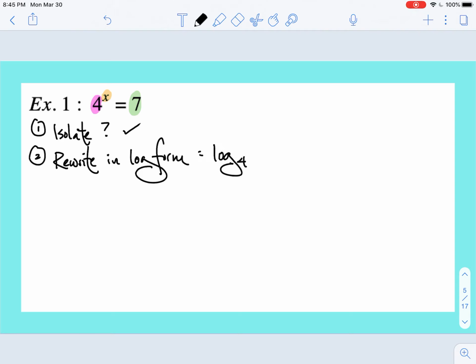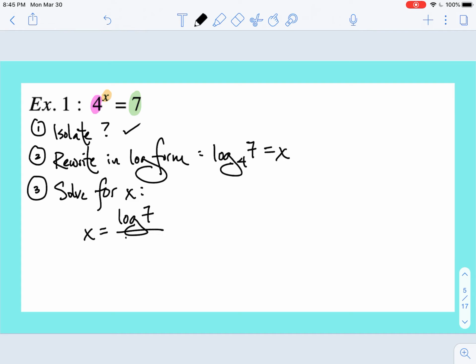And in our last step, to solve for x, we're going to use our change of base. And so x is going to equal log 7 divided by log 4. Or we could also use natural log of 7 divided by natural log of 4.